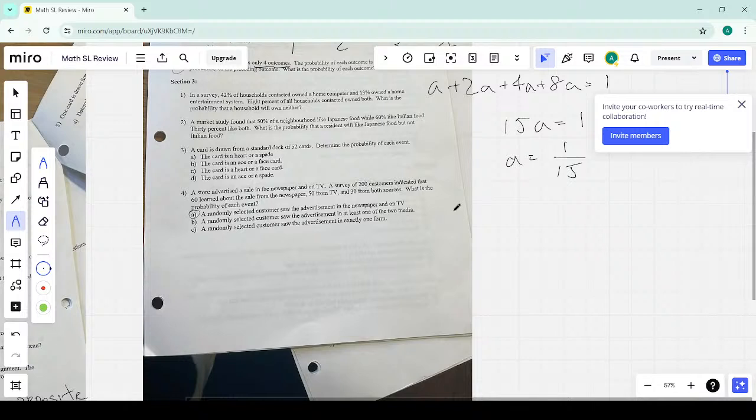So a randomly selected customer saw the advertisement in the newspaper and on TV. So when it sees both the advertisement on newspaper and TV, we need to take this number right here. So that's 30. So that would be 30 out of the 200, or 3 over 20.